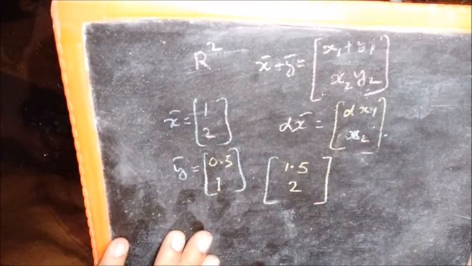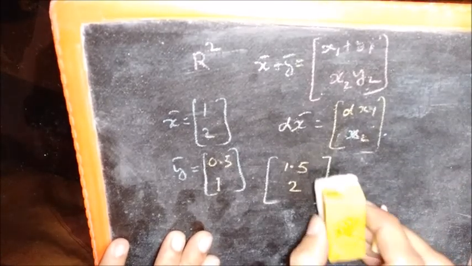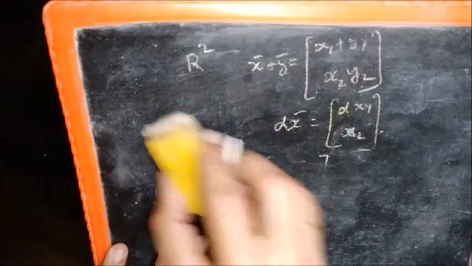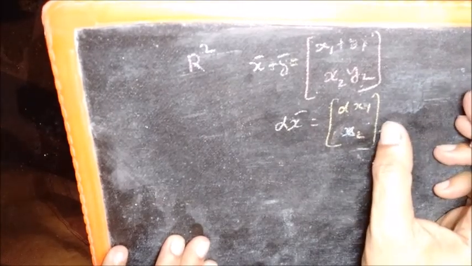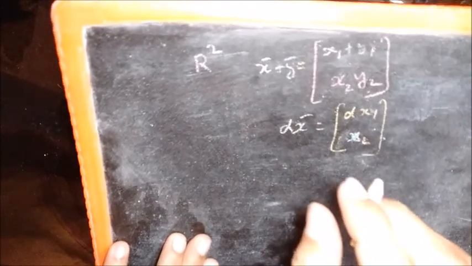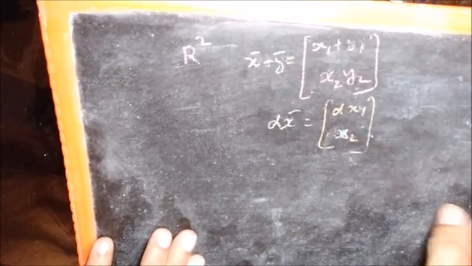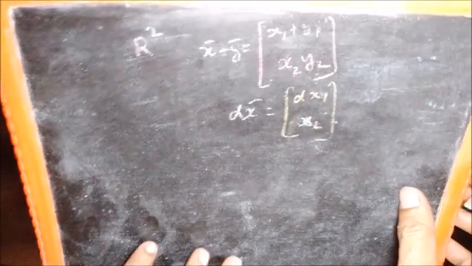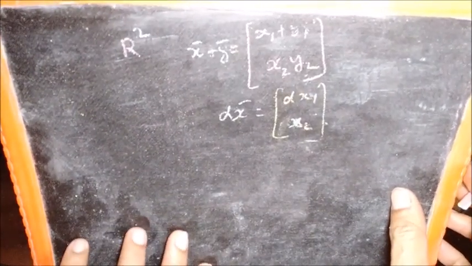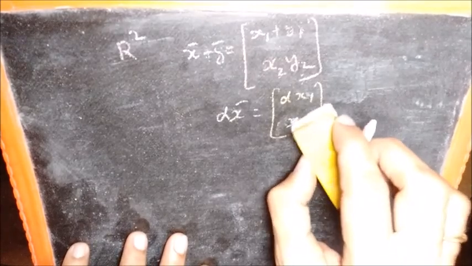This will be the result. That is the way we are defining the addition. As I said towards the end of the previous video, it is not necessary that you define addition and multiplication the way we defined it there. It's also possible to define it in a different way. So that's what we are experimenting with here.